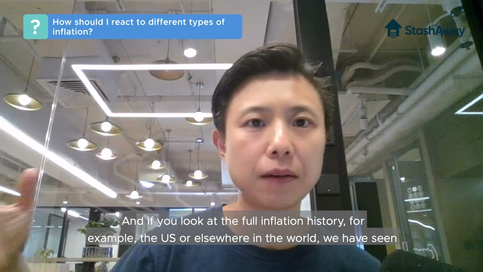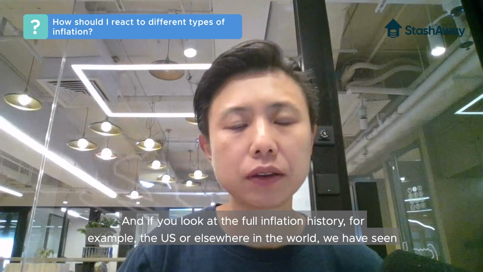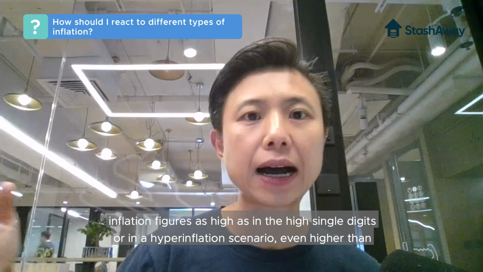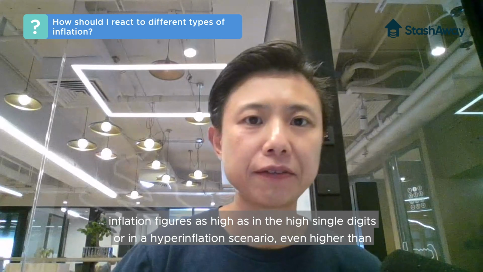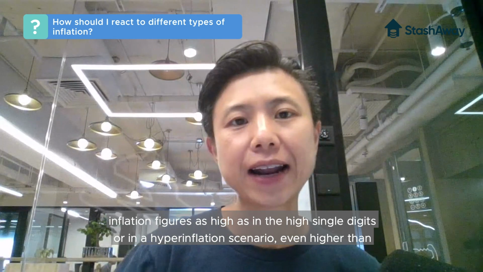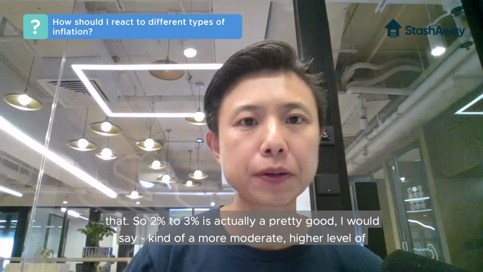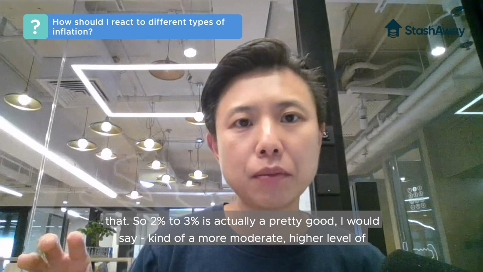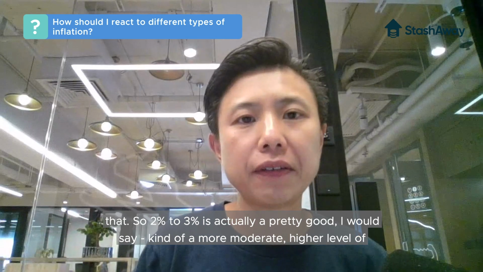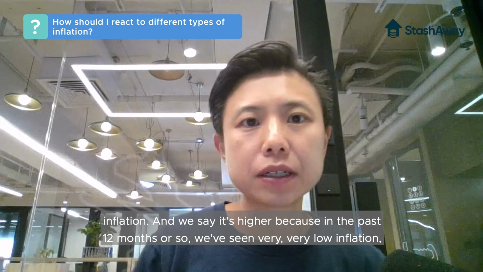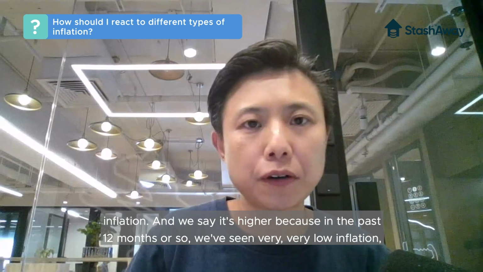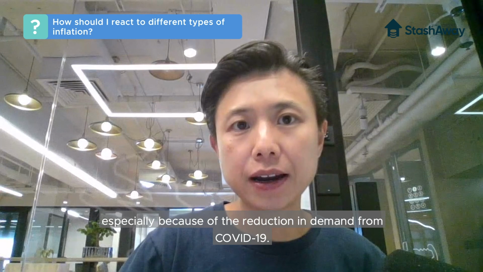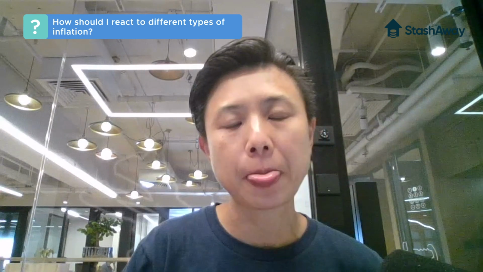For example, in the US or elsewhere in the world, we have seen inflation figures as high as high single digits, or in a hyperinflation scenario, even higher than that. So 2 to 3% is a more moderate, higher level of inflation. And we say it's higher because in the past 12 months or so, we've seen very low inflation, especially because of the reduction in demand from COVID.